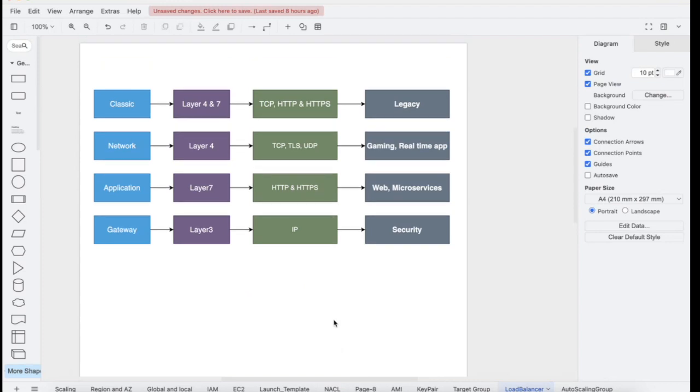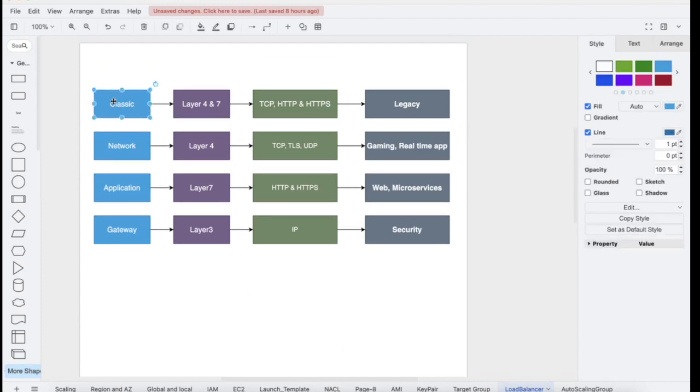Load balancer is nothing but to balance the load. Simple terms. What types of load balancer do we have in AWS? You have four types. One is classic, which operates at layer 4 or 7. What is layer 4? Come on, we did networking.